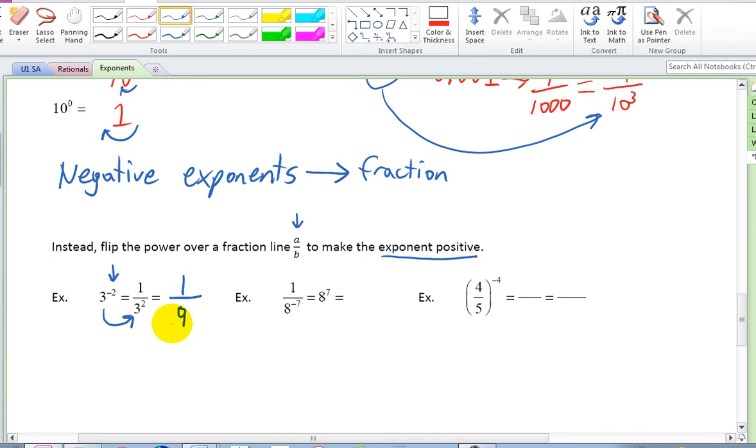Okay, next one. 1 over 8 to the negative 7. So now it's a little bit different. Where's the negative exponent? It's in the denominator. So now what we have to do is really we flipped it on top of the 1. But we just never write that. It's just really weird, isn't it? Right? Okay, so then we can use your calculator.